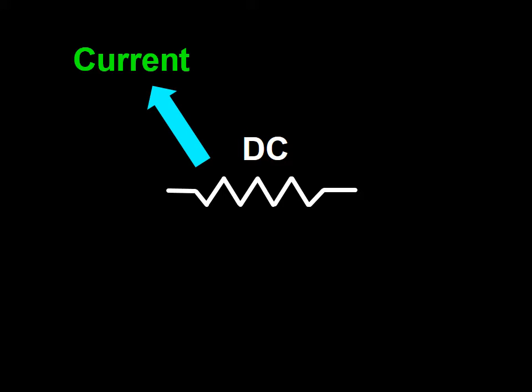A good place to start to understand single resistor direct current circuits is to create a master slide, and a good place to start creating such a slide is considering current and all the relevant factors involved with it.